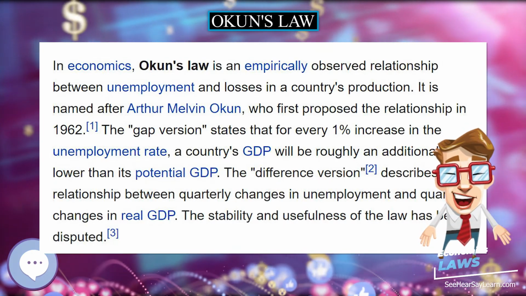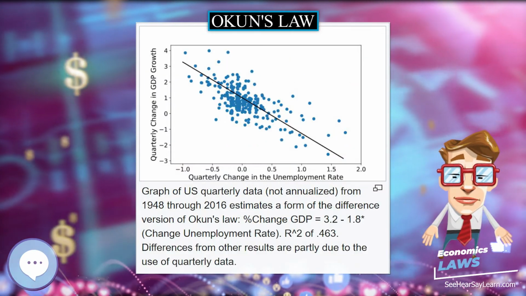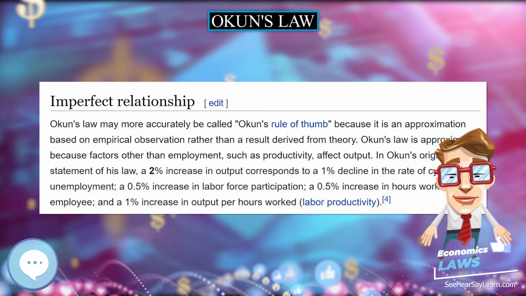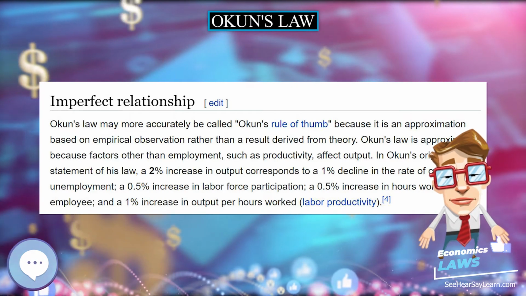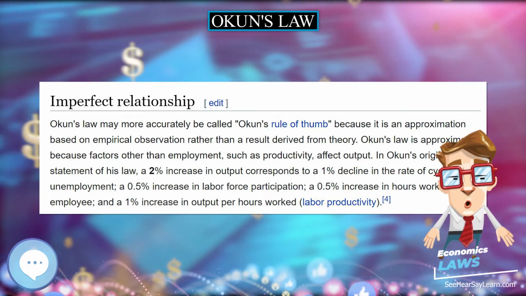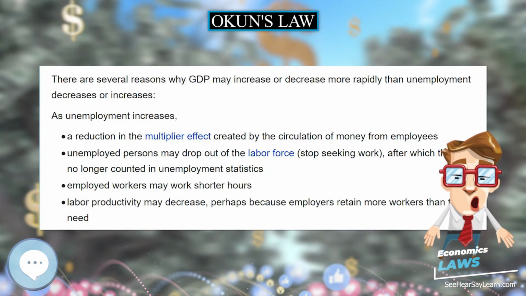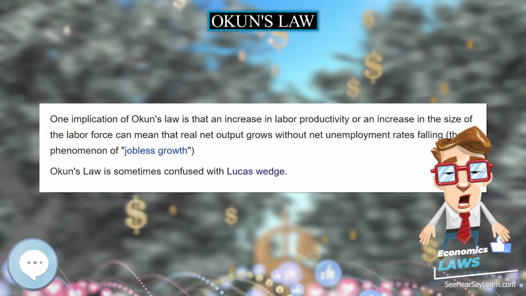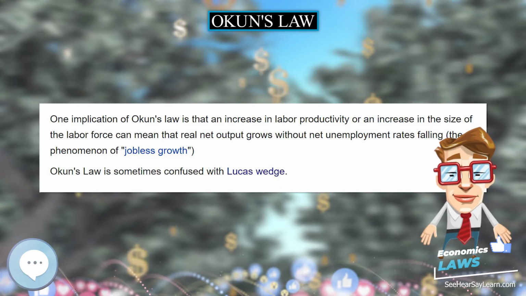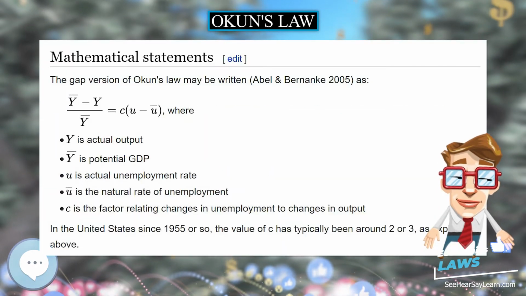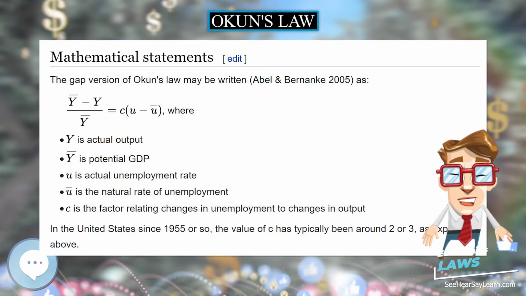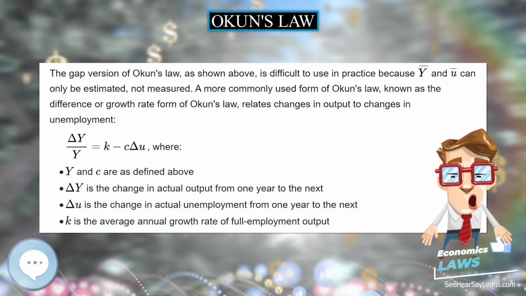Multiplying the left-hand side by (ȳ + Δȳ)/ȳ, which is approximately equal to 1, we obtain the following. We assume that Δū, the change in the natural rate of unemployment, is approximately equal to 0.